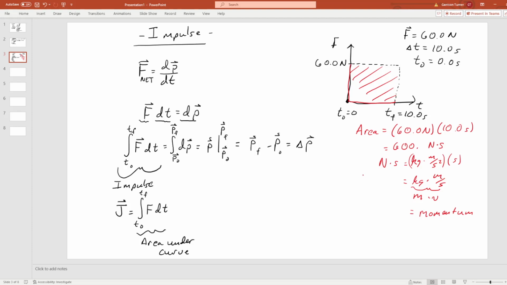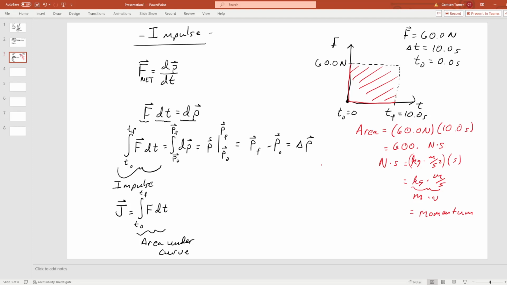So your impulse is your area under your F versus T curve. And when your forces are constant, you're just going to take the area of a rectangle. That's all you need to do.